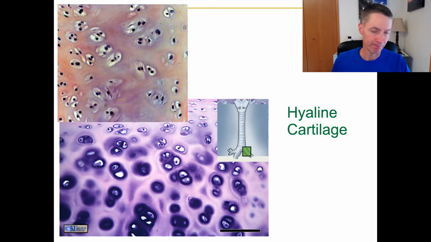Okay, next one. Hyaline cartilage is a form of connective tissue. Hyaline cartilage happens to form the hard, kind of rigid cartilage rings in your neck, around your windpipe. On the inside of that, of course, we have the trachea, right?